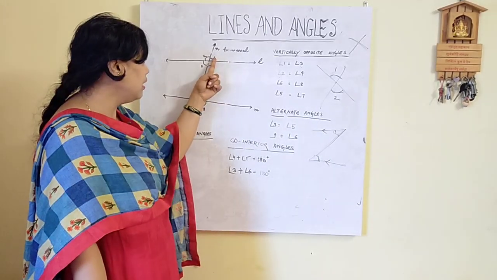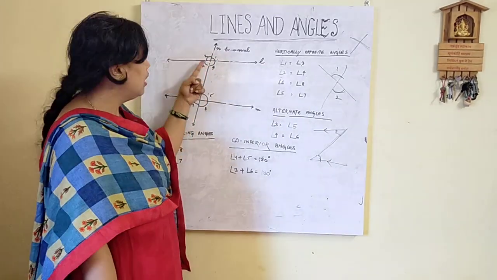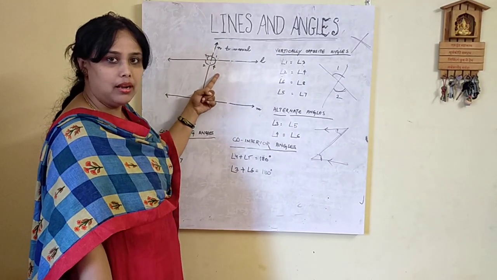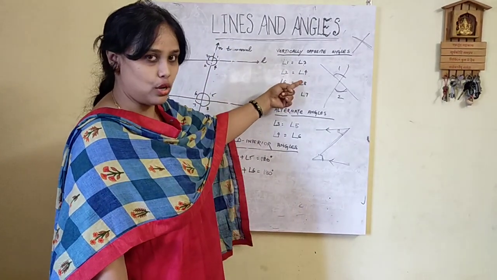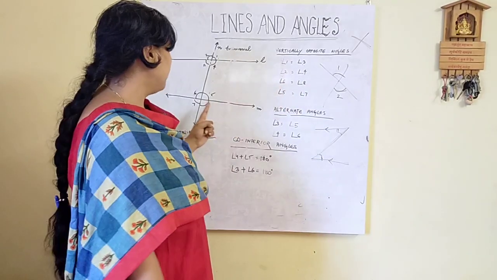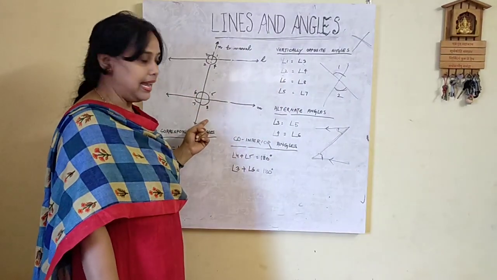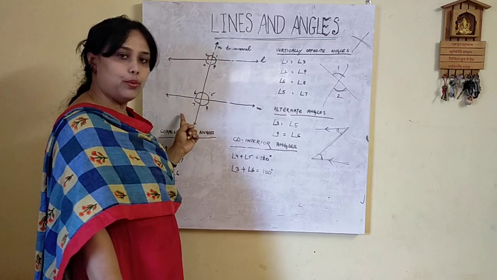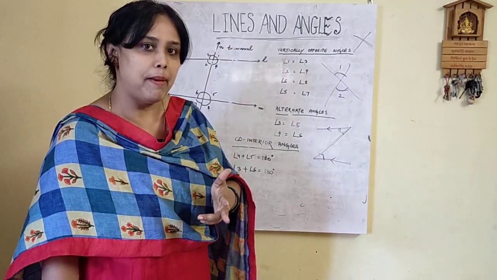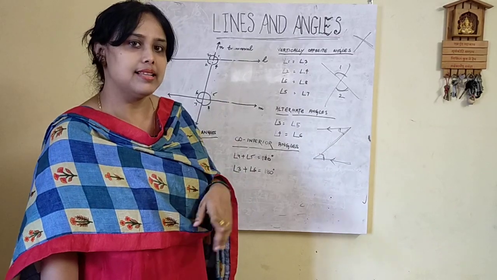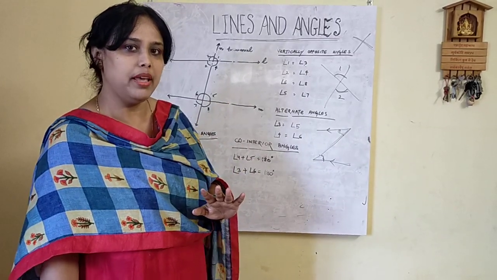That means angle 1 is equal to angle 3 and angle 2 is equal to angle 4, which I have already mentioned here. Similarly, angle 6 is equal to angle 8 and angle 5 is equal to angle 7.